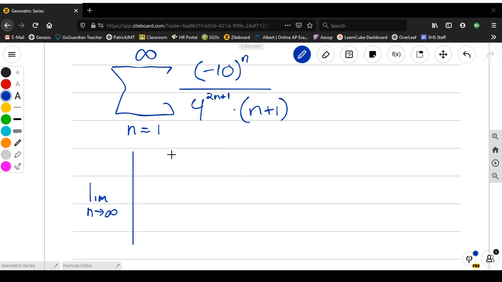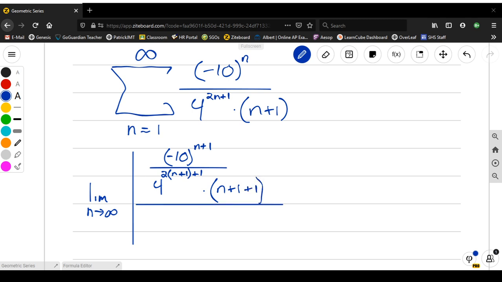All right, now the numerator is going to be negative 10 to the n plus 1 all over 4 to the second times n plus 1 plus 1 times n plus 1 plus 1 all over. So that's the n plus 1 term, and it's just over the nth term.